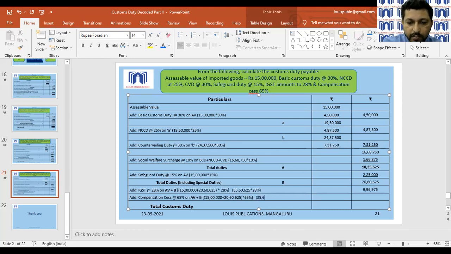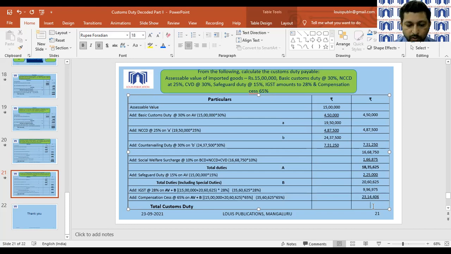It is 35,60,625 into 65%, which will give you 23,14,406. That will be the value, that is 65% of that.